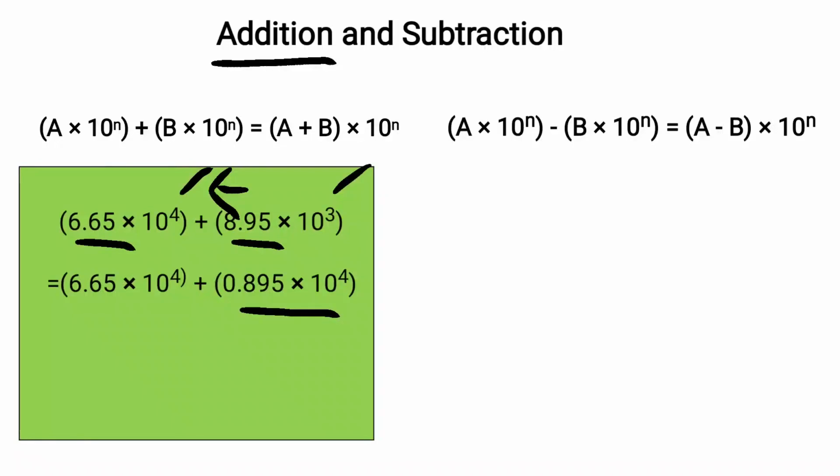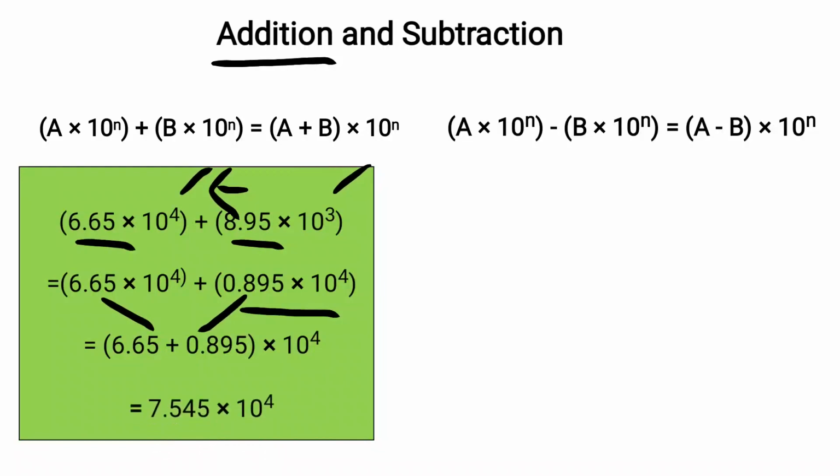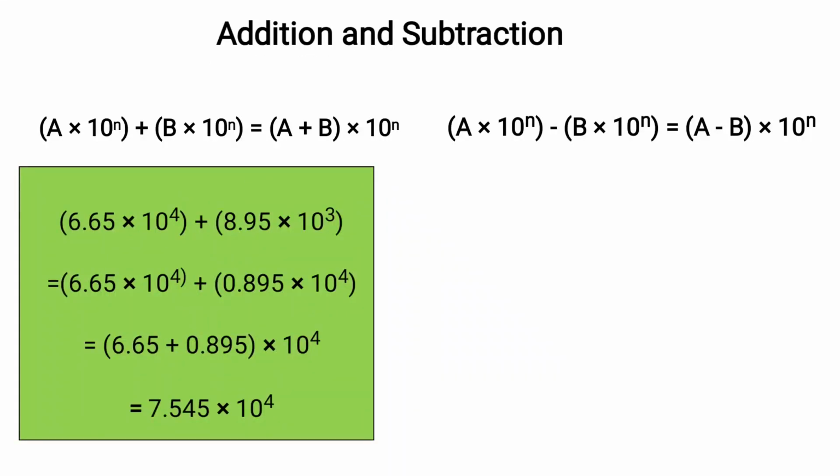After making the exponents the same, we can now add both the coefficients and we obtain the result as 7.545 into 10 raised to the power 4. This is all about addition of numbers which are expressed in scientific notation.